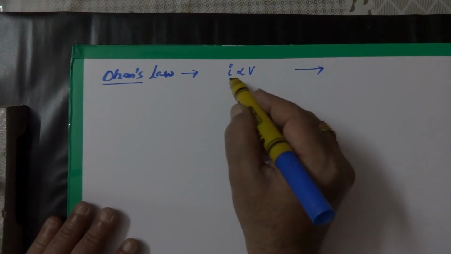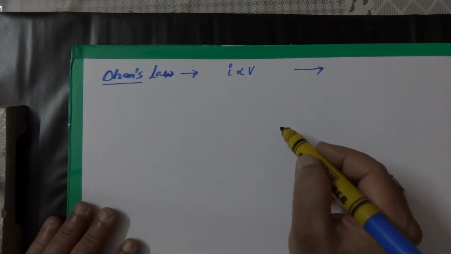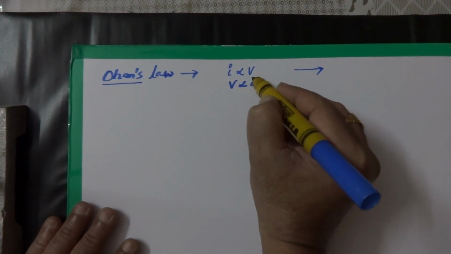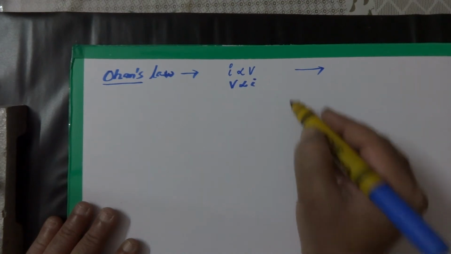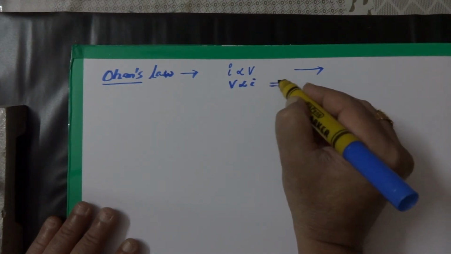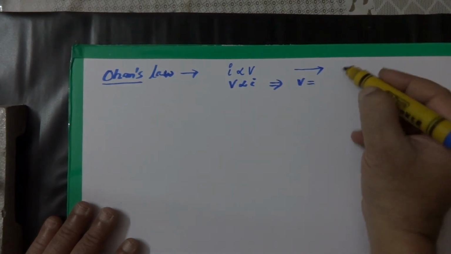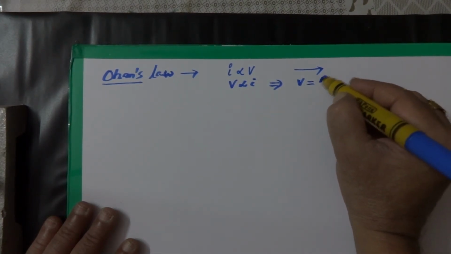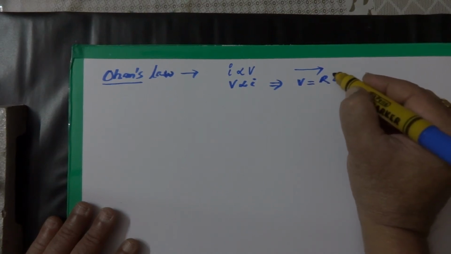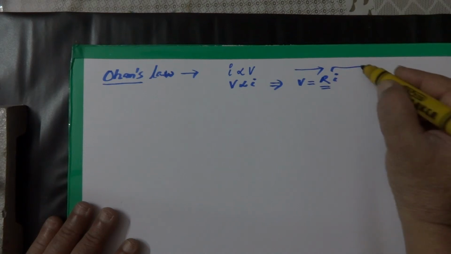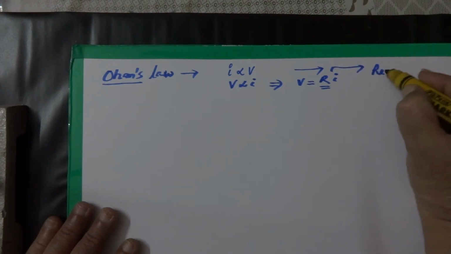So I is directly proportional to V. It is also accepted that V is directly proportional to I. If you want to make this equation with a proportionality constant, you have to multiply with a proportionality constant, and that constant is R. This R is known as resistance.